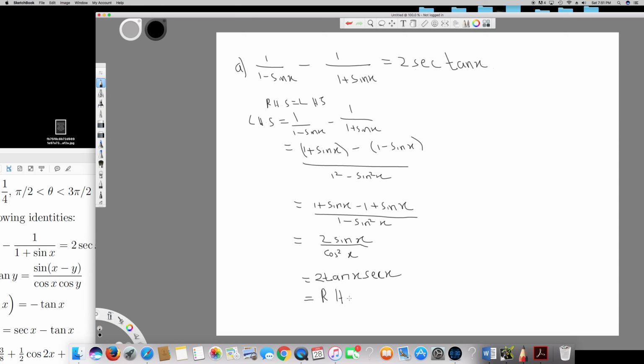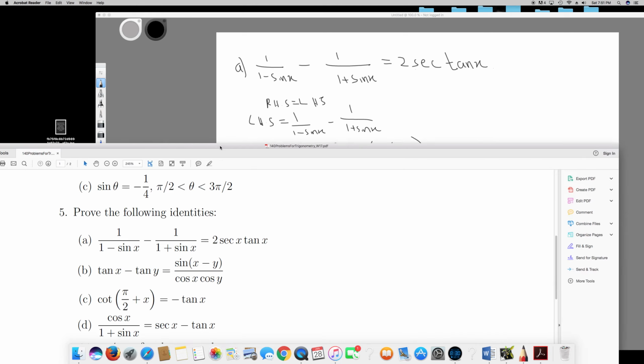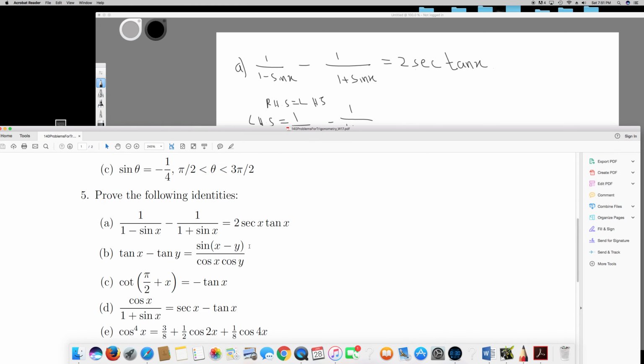So this is the answer for the first question. Let's move to the second question. The second question states that tan x minus tan y is equal to sin of x minus y over cos x cos y. We have to prove that.